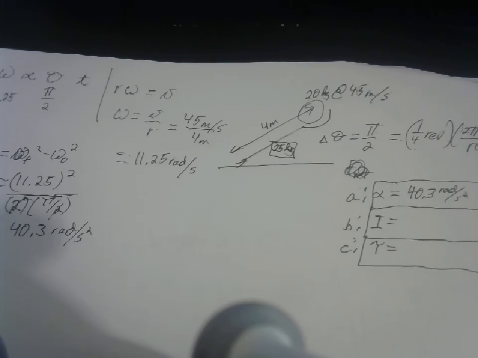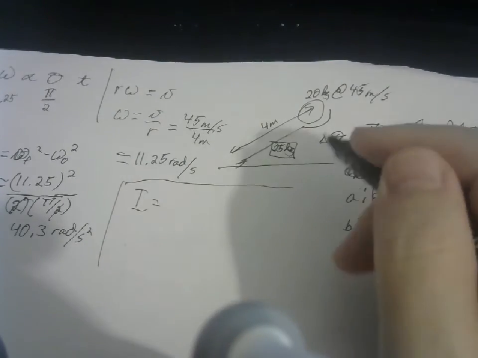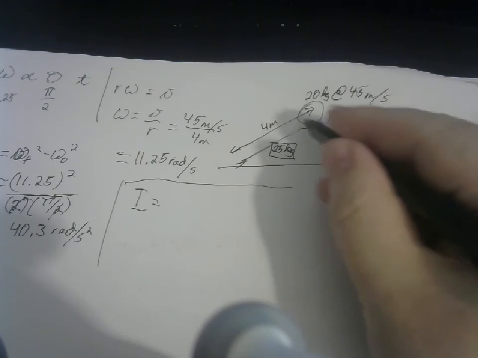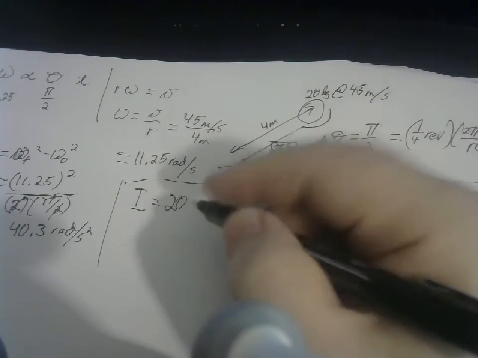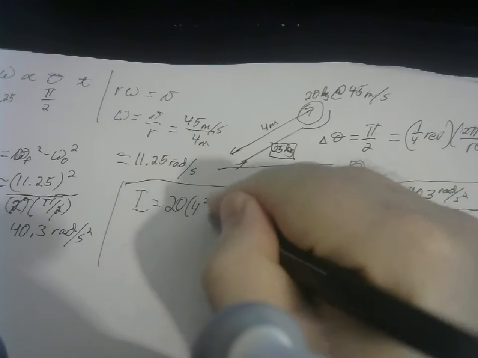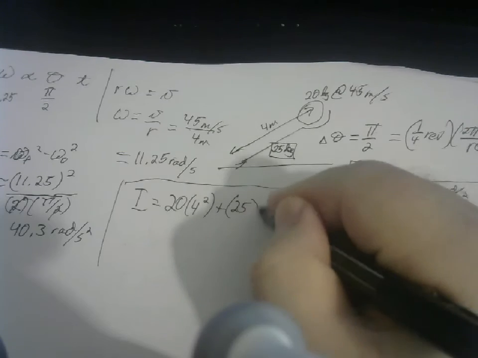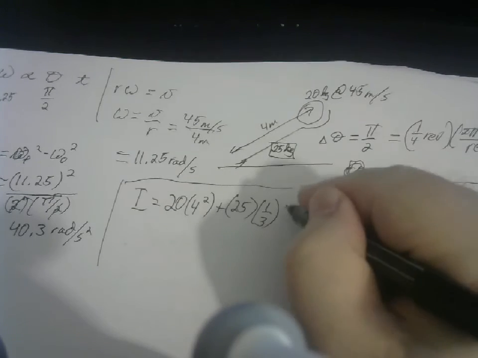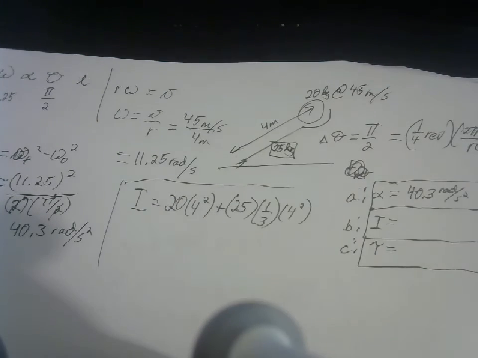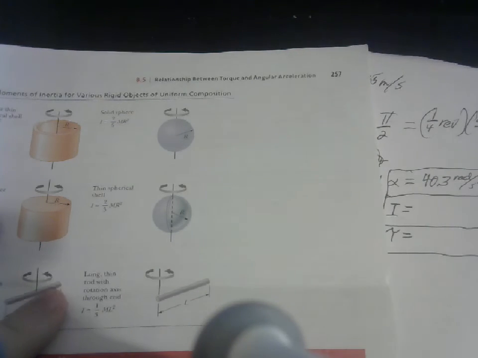Okay, the next part, we're going to take the I, moment of inertia, which is going to be the mass of the ball, a rock or a stone or something like that, times its radius squared, times 4 squared, plus the mass of the arm, which is 25 kilograms, times 1/3, and again 4 squared, because of the table, using the approximation that it is a long thin rod with rotation axis through the end.